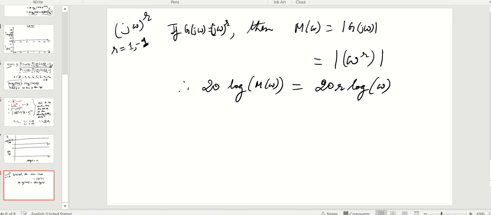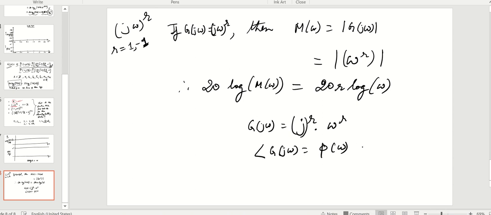All right, what about the phase? What's the phase of this number? See, it's j, so g of j omega is equal to j to the power r times omega to the power r. So therefore the phase of g(j omega) is equal to r times 90 degrees, right?